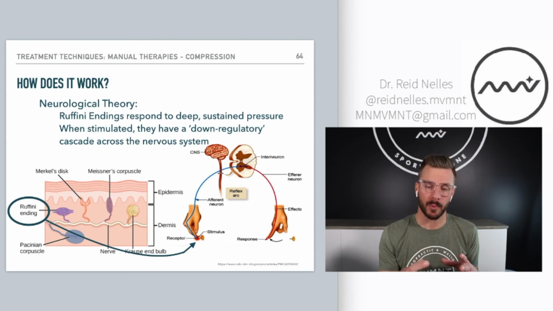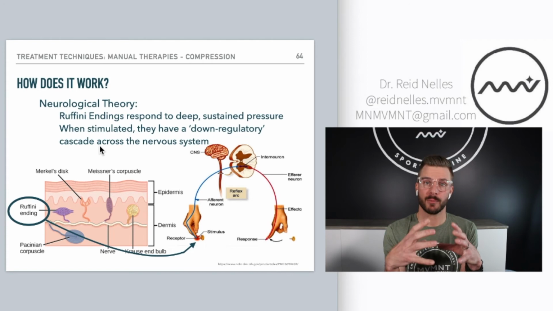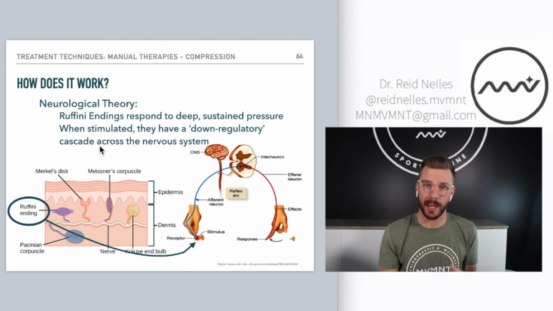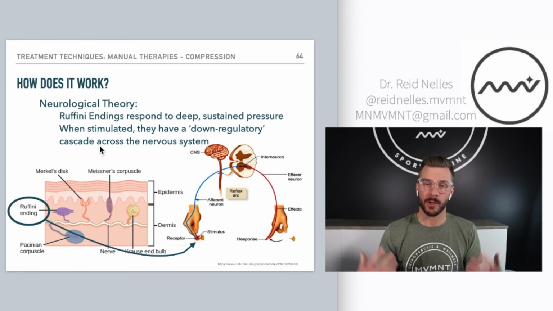When we're talking about compression, we're trying to get after these Ruffini endings, which sit a little bit deeper in the tissues, and they respond to deep sustained pressure, i.e. compression. Okay? Whether that's with my hands or a tool or this compressive band of Rock Floss that we're going to be using in the course, when stimulated, these Ruffini endings have a down-regulatory response on the nervous system.